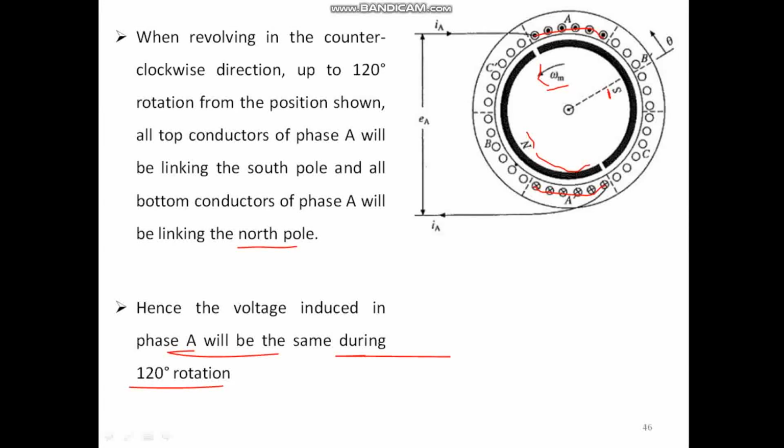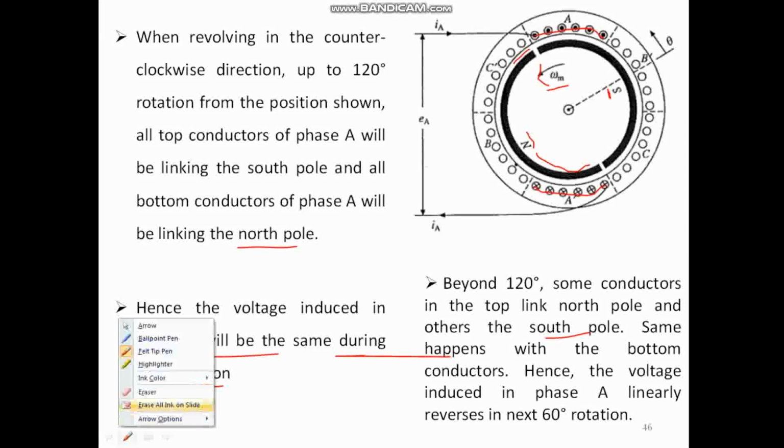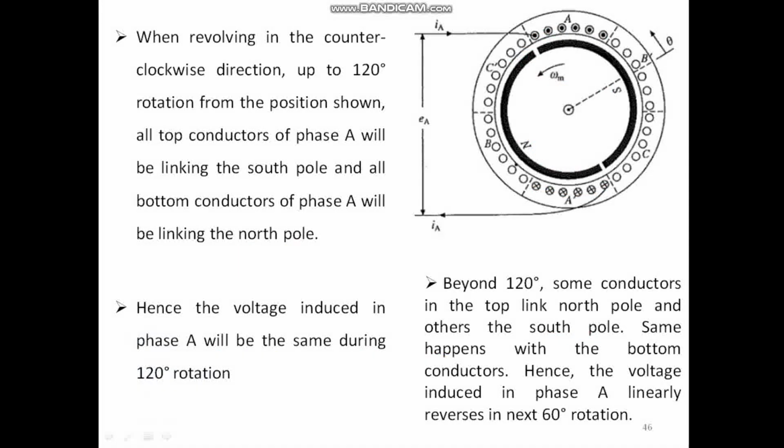So beyond 120 degrees, what happens? Beyond 120 degrees some conductors in the top link the north pole and others link the south pole. The same happens with the bottom conductors. Say my phase A has 6 conductors, 1, 2, 3, 4, 5, 6.